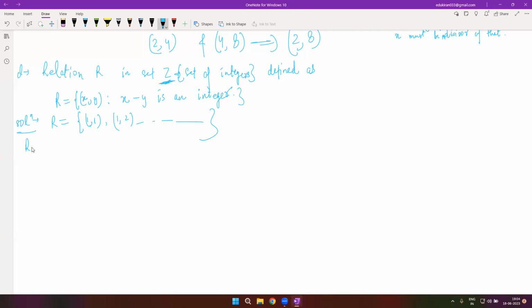Now let's check it from the perspective we have just discussed. For reflexive, what I will do is I will replace y with x in the given rule, right? So if I replace y with x here, then x minus x comes out as 0.